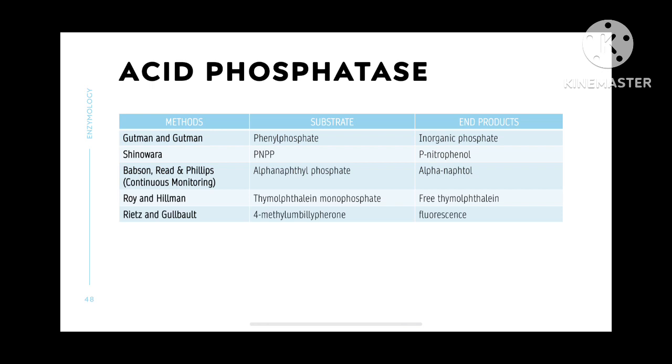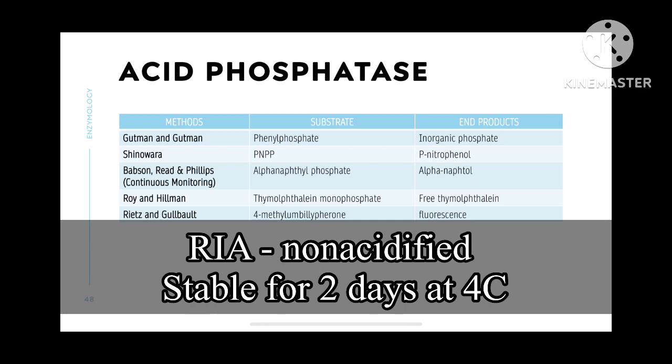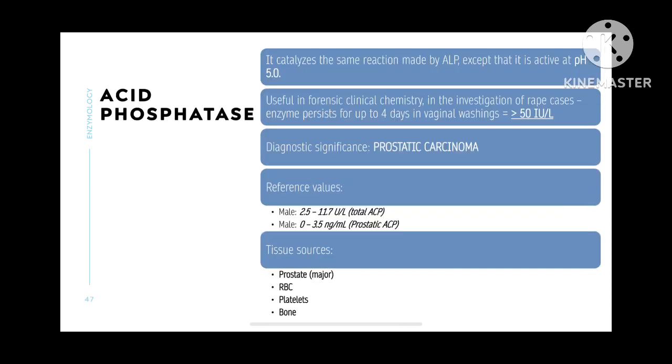Radioimmunoassay procedures for measurement of prostatic ACP require non-acidified serum samples. The activity is stable for 2 days at 4 degrees Celsius. The reference values for prostatic ACP would be 0 to 3.5 nanograms per ml.